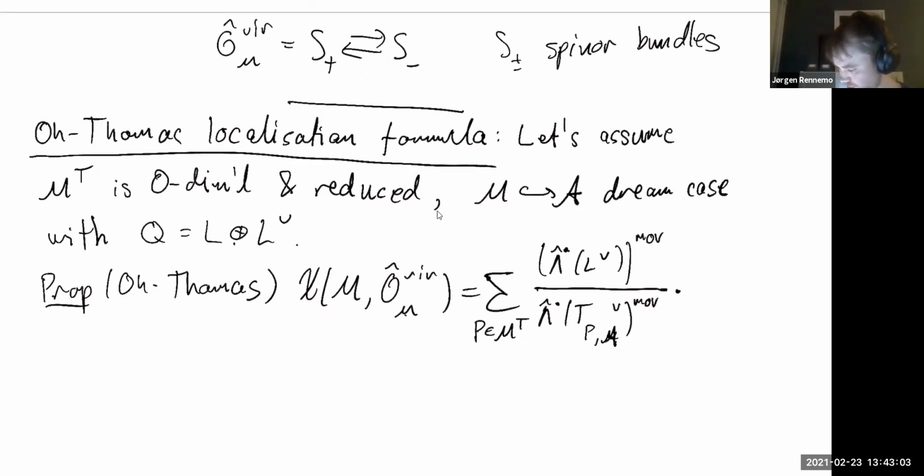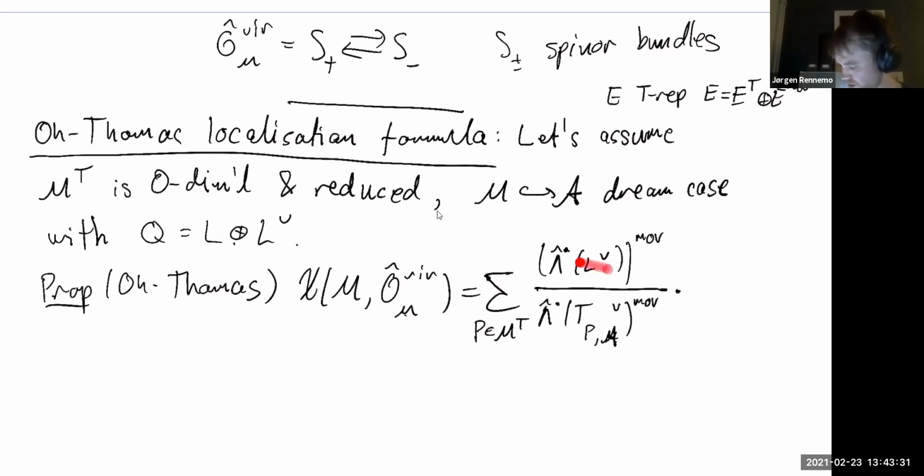So for general notation, if E is a T rep, then I write E as the T fixed part and the moving part.